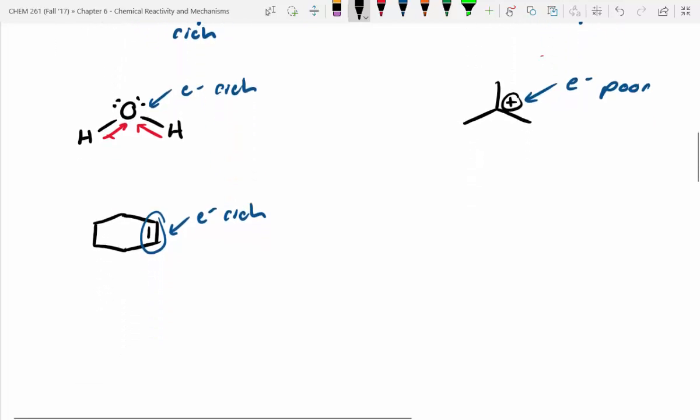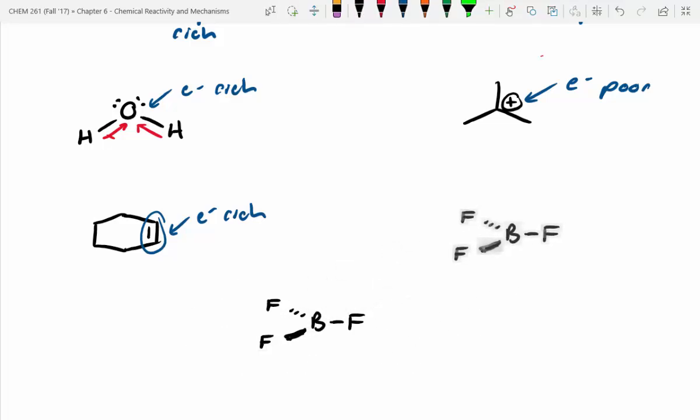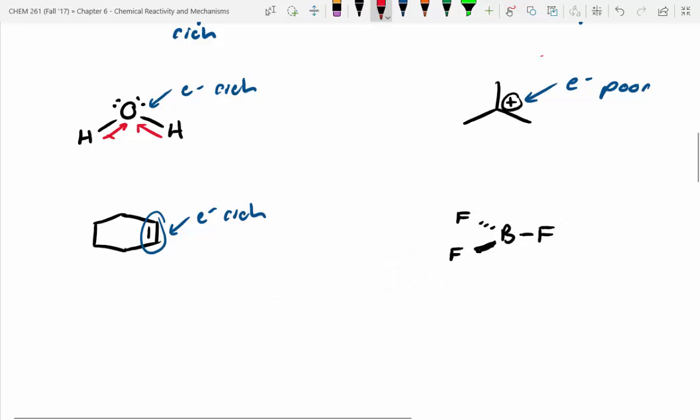All right, last one. Let's think about boron trifluoride. Is that going to be a good nucleophile or electrophile? Electrophile, why? There's actually two arguments you can make. One is electronegativity, right?